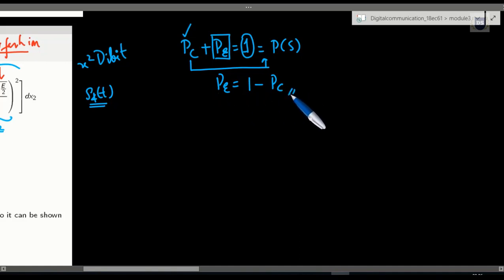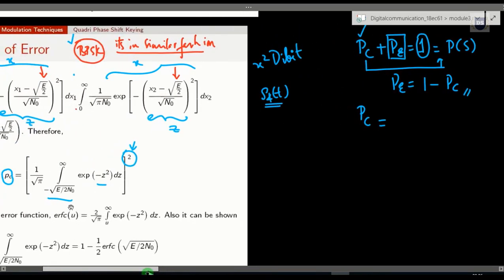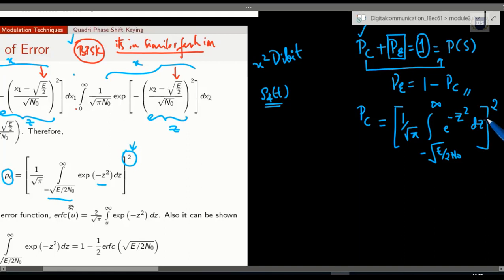We'll make use of this methodology, and by now we know that the probability of getting correct decoding, PC over here, is equal to 1 by square root of pi, integration starting from minus square root of E by 2N naught, upper limit infinity, of e to the power minus z square dz, whole square.